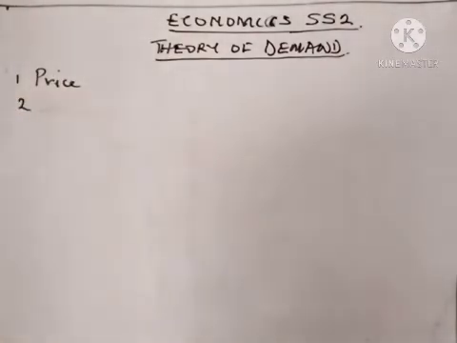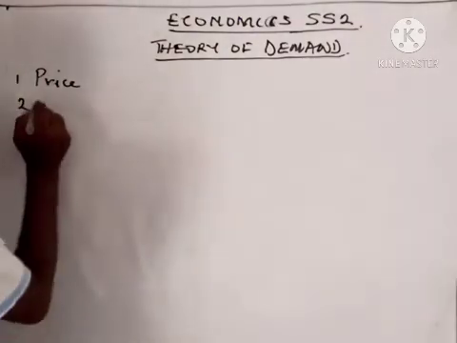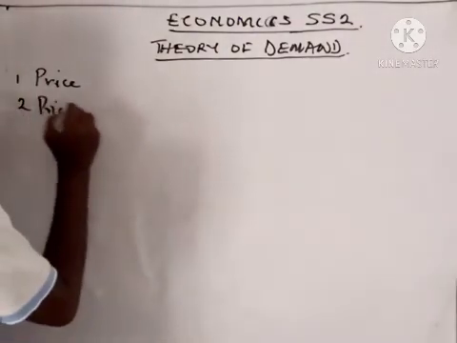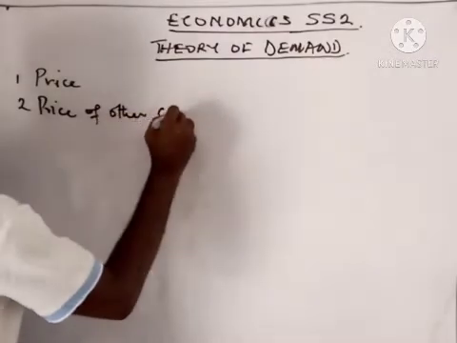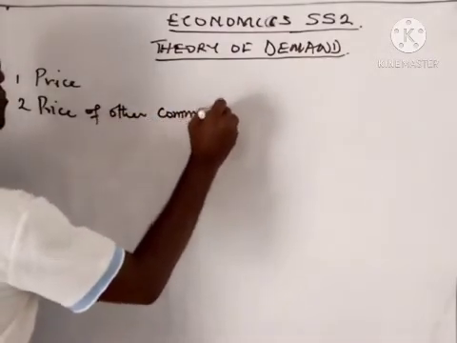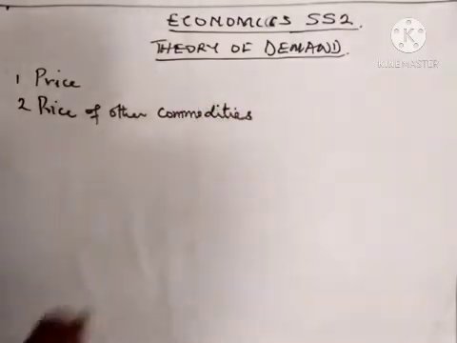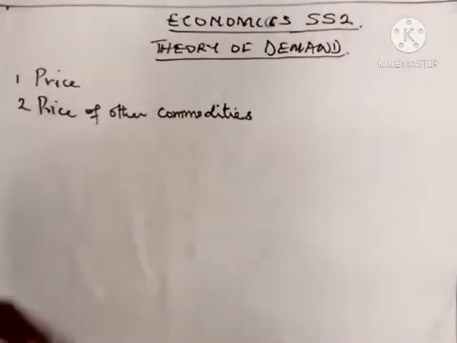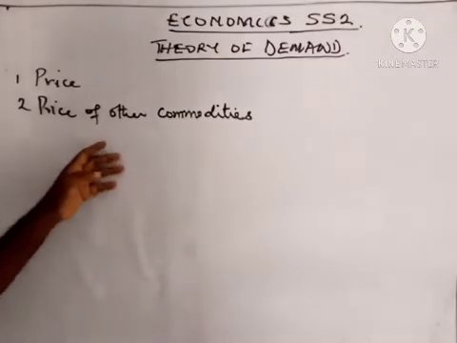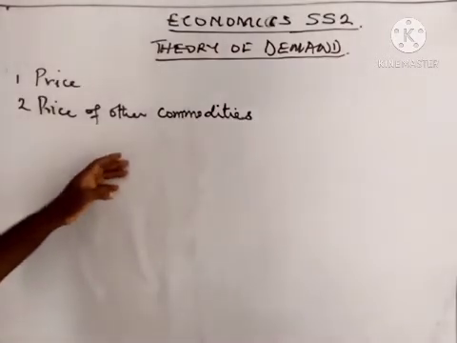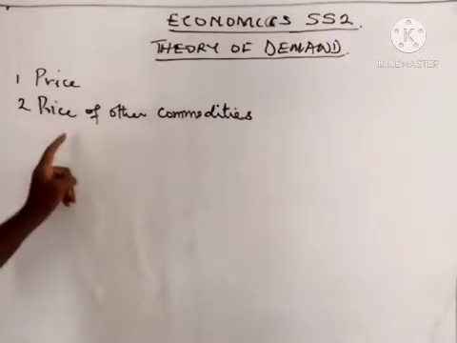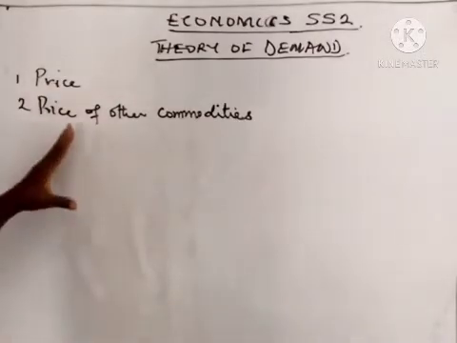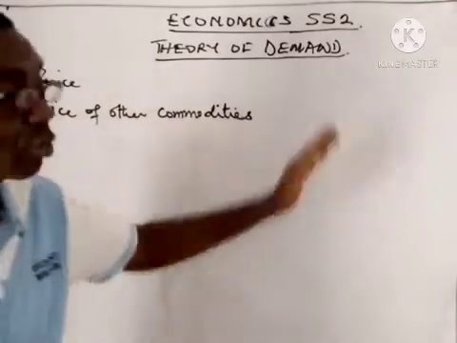Now, number two is the price of other commodities. For commodities that have alternatives, they have substitutes, you discover that the moment the price of a particular commodity that you want changes, the tendency is for you to change your demand.